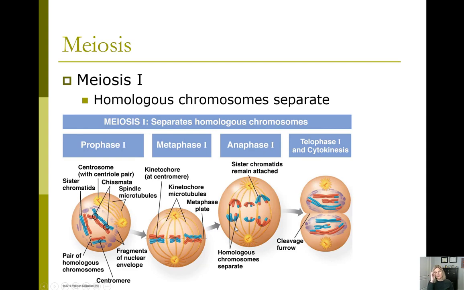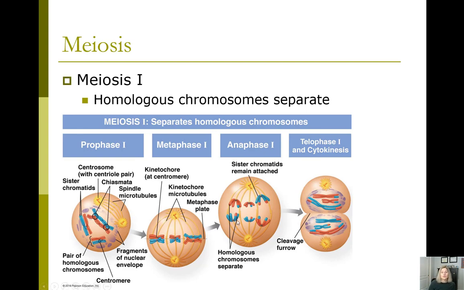In anaphase part 1, the difference between mitosis and meiosis part 1 is this: remember how in mitosis the centromeres dissolved and then the sister chromatids separate? Not in meiosis part 1. In meiosis part 1, the centromeres stay intact.